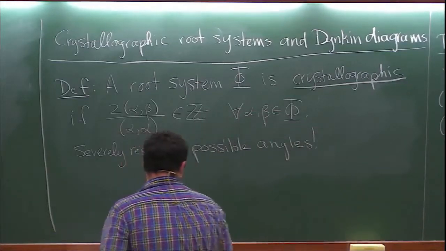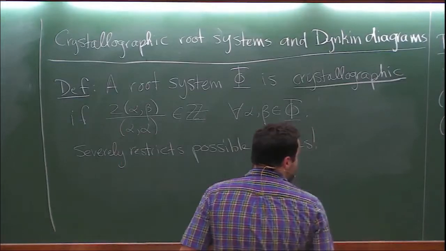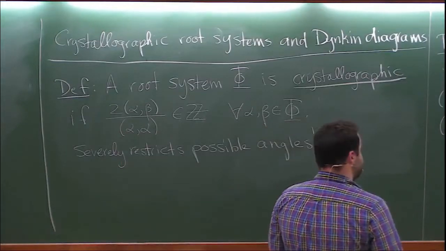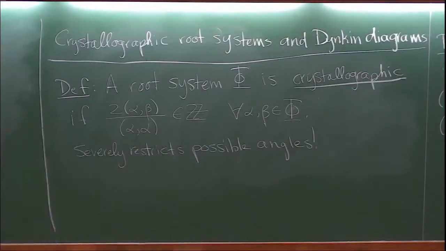Okay. I just want to make an observation to show you how it really restricts these angles. So let's say phi is now a crystallographic root system.